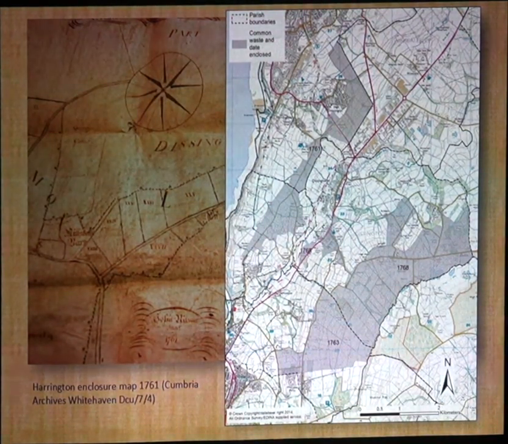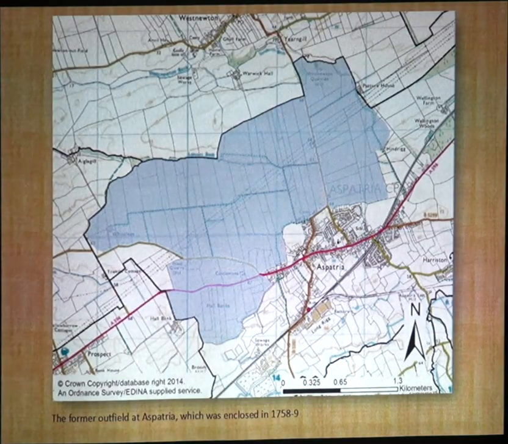Next slide, please. So not all the enclosure maps were of moorland and fell. Those ones on the west coast were low-lying moorland. But we also have occasional maps of enclosures of outfields. So these are occasionally ploughed lands.